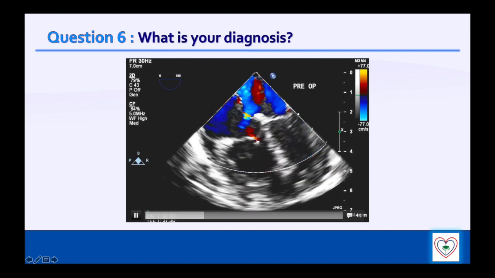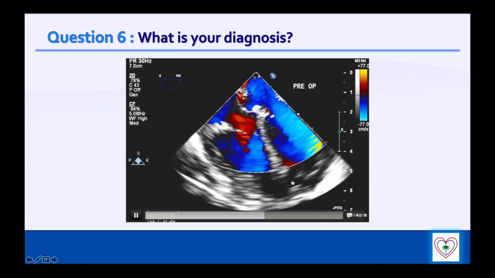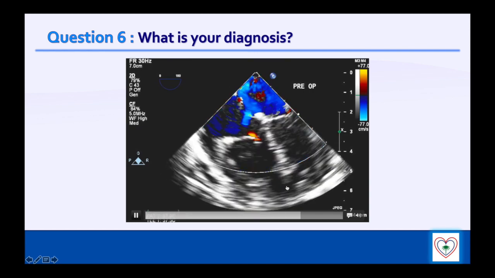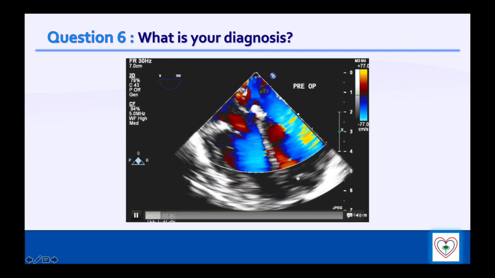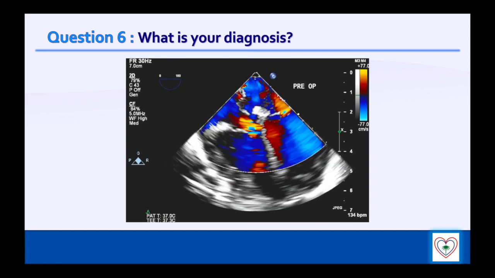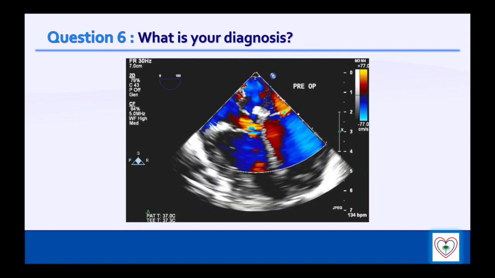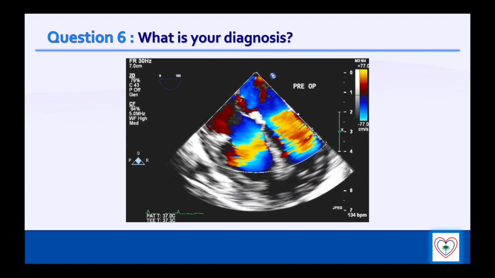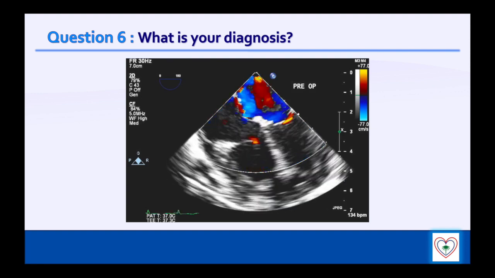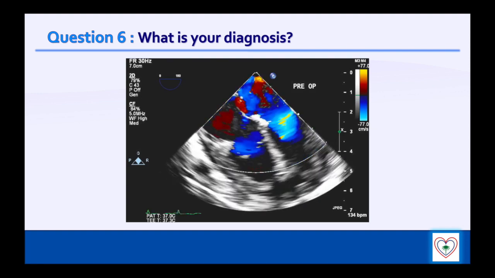There is a trivial tricuspid valve regurgitation, but I intentionally did not put the color box over the apical ventricular septal defect, just to test your ability. When you look at an echo image or echo movie clip, you should try to get your eye on all the aspects of the heart chambers. So this is one thing you might have overlooked.